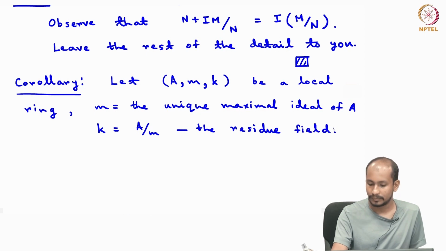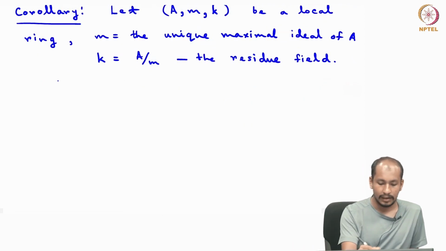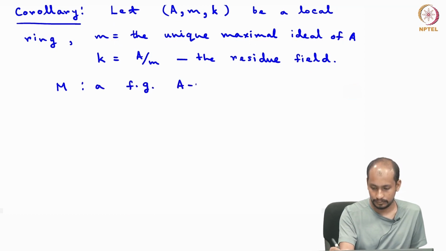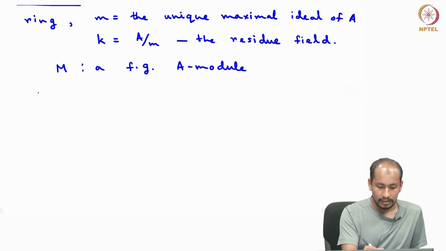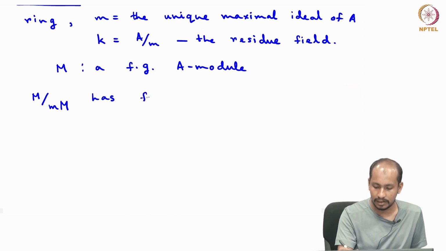Okay. Let M be a finitely generated A module. Then M mod mM has a finite dimensional k vector space structure.